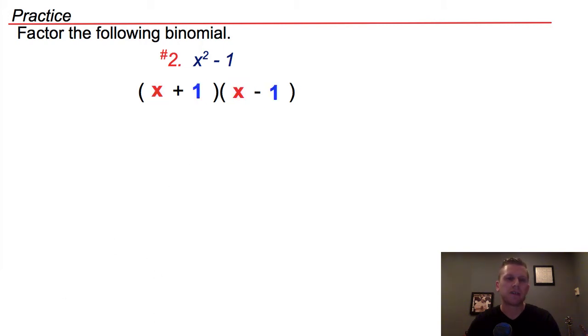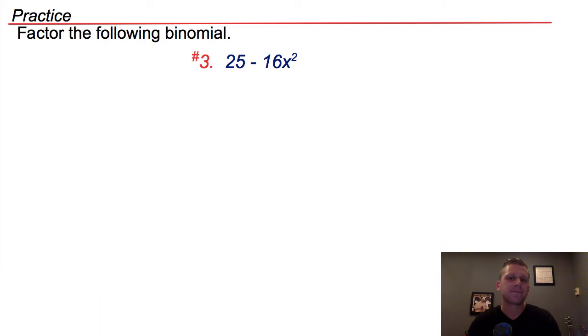Let's try another example. See if you can factor this binomial. To factor this one, it is in the correct form for a difference of two perfect squares. It does look like the terms are in opposite places, but they are both perfect squares, so I can use this plus and minus notation. The square root of 25 is 5.